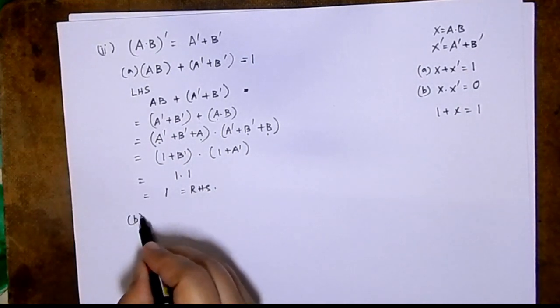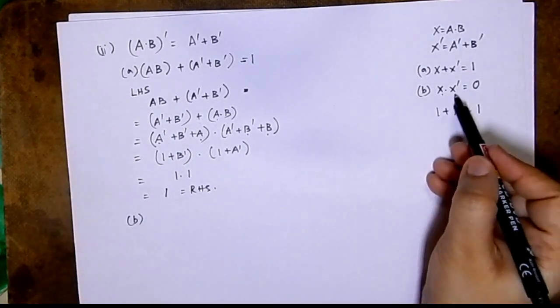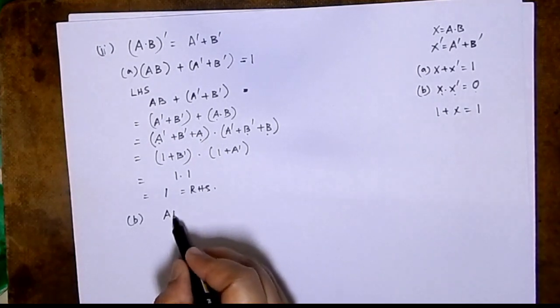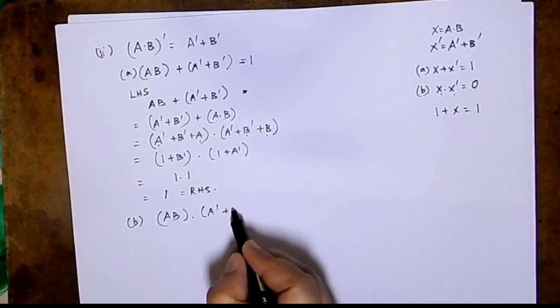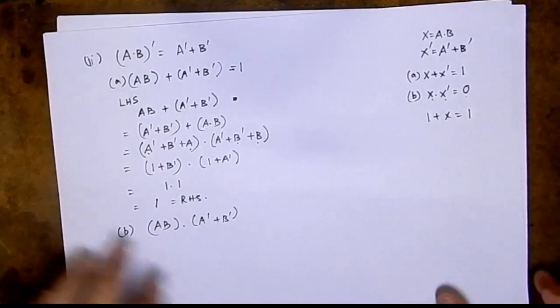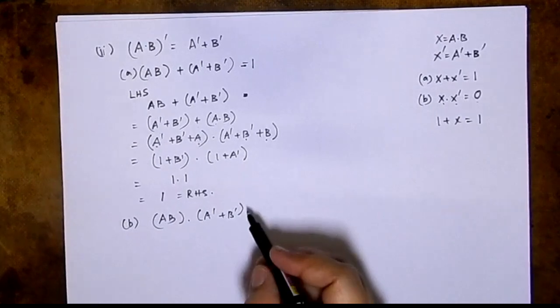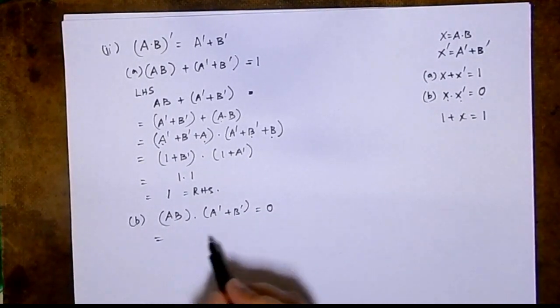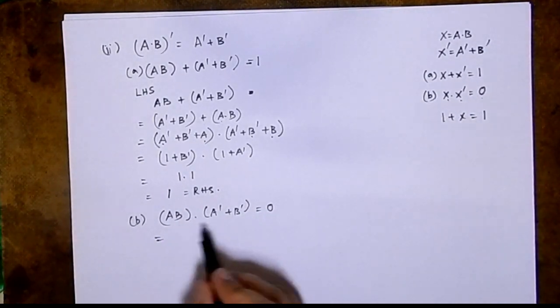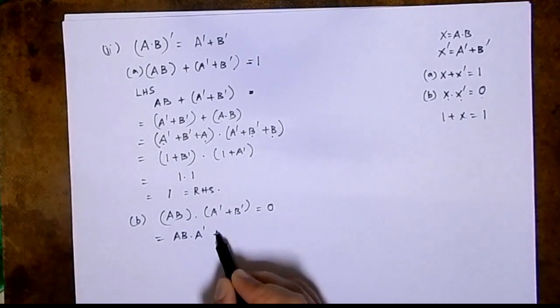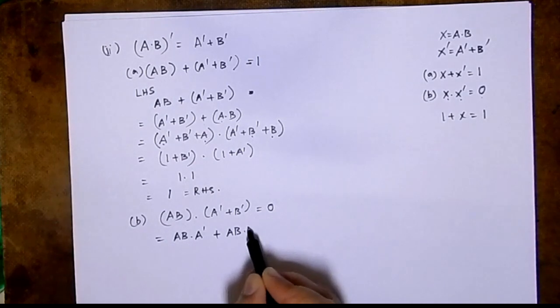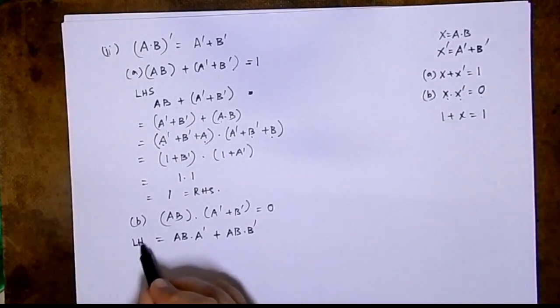Let's prove the second condition, which should be that the product should be 0. That is AB dot (a dashed plus b dashed) should be 0. So again we'll apply distribution law, AB dot a dashed plus AB dot b dashed. This is the LHS.